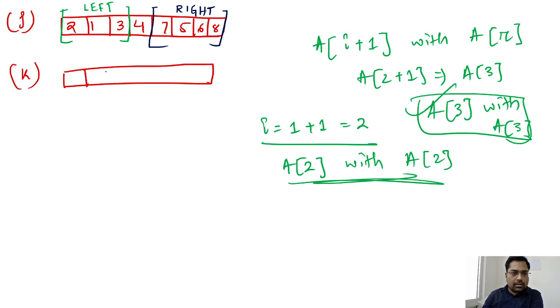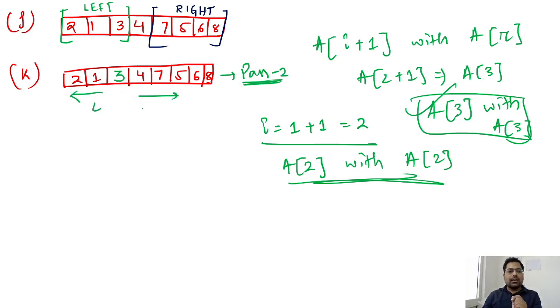They remain unchanged: 2 1 and here 4 7 5 6 and 8, they remain unchanged, but we have done it. So this is our pass 2, and here the lesser values are on this side and the greater values are on that side.